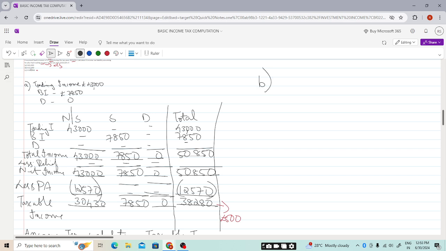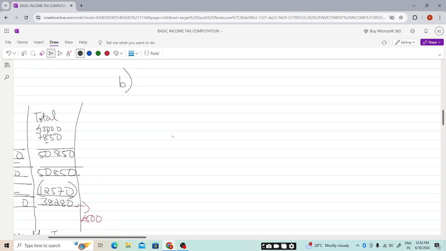Now we will be solving the B part. For the B part it is 53,000. B part, trading income. What is our trading income? Our trading income is 53,000 pounds and our saving income, bank interest, is 7,850.